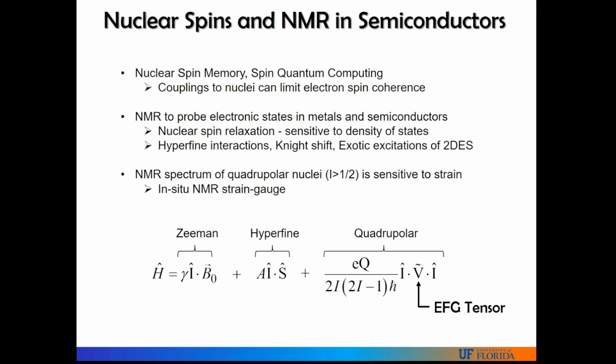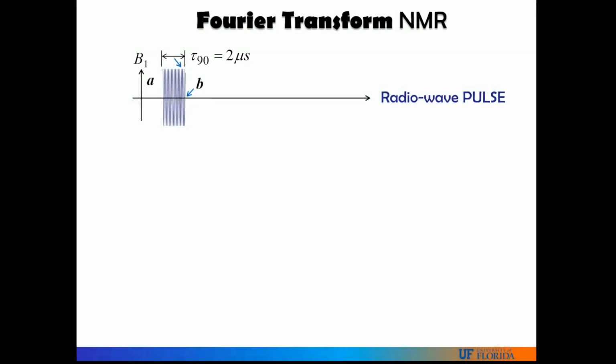So we have the Zeeman interaction with the field, the interaction with the conduction electrons through the Fermi contact interaction, and then this quadrupolar interaction, which is going to be sensitive to strain because bulk gallium arsenide, being a cubic semiconductor, has a zero electric field gradient at the nuclear coordinates. But as soon as we deform the crystal, that EFG can be non-zero.